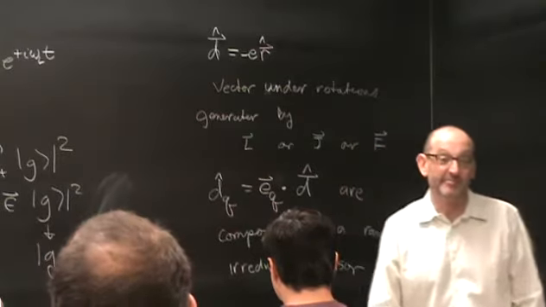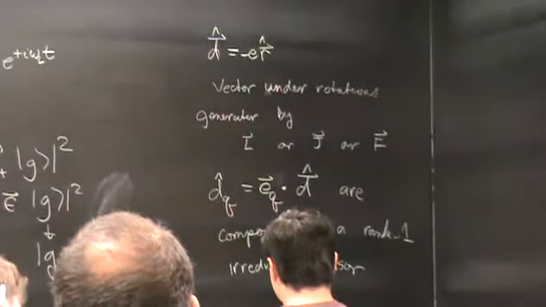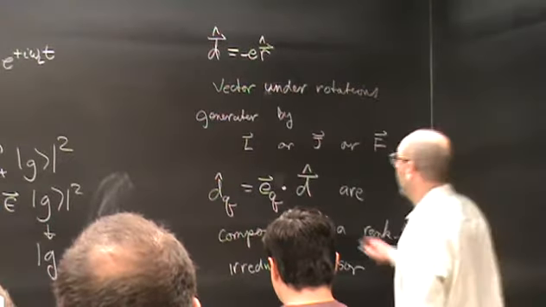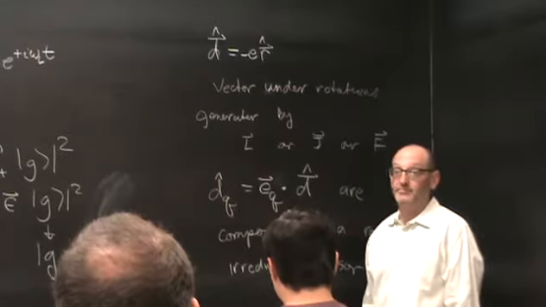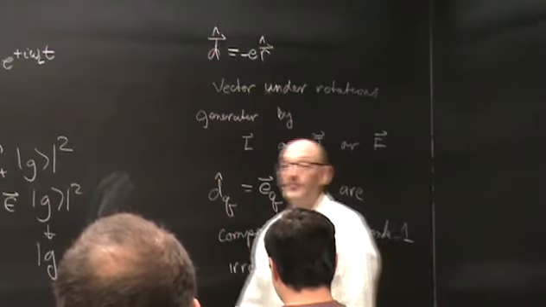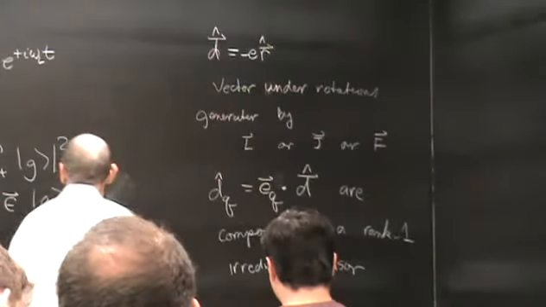It's rank 1. Its vector is a rank 1 tensor. And with respect to the spherical basis, these are the components. Okay?